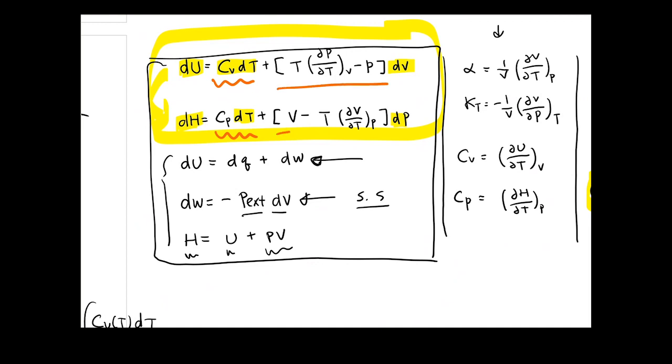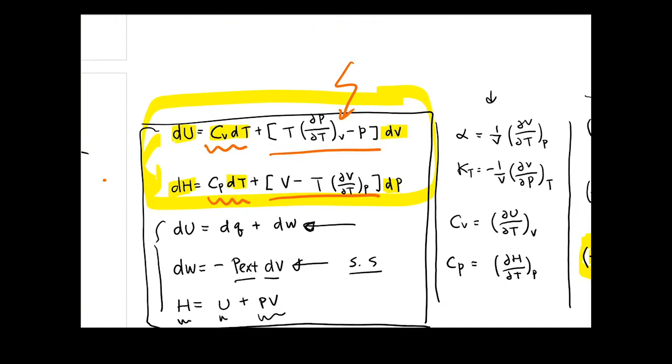The second term in the first equation is the internal pressure, which only non-ideal gases have. So if you have an ideal gas, this goes to 0. The same thing happens to your dH: the second term over here is the excluded volume, and if you have an ideal gas, this term goes to 0.